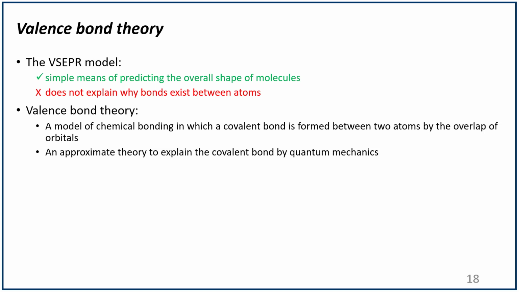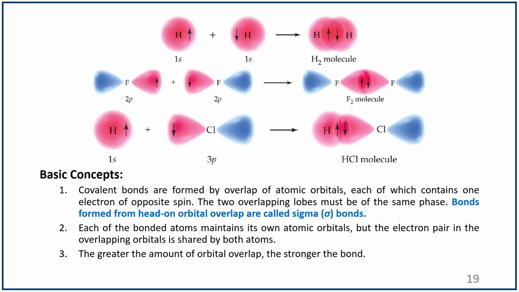So remember that we have defined in chapter 2 an orbital to be characterized by an n, l, and m sub l value. Okay, so if you have those orbitals overlapping each other, then you form a covalent bond. Let's say, for example, you have two 1s orbitals, one from each hydrogen atom. If they overlap, since each of those 1s orbitals holds one electron, then you have the hydrogen molecule, H2.